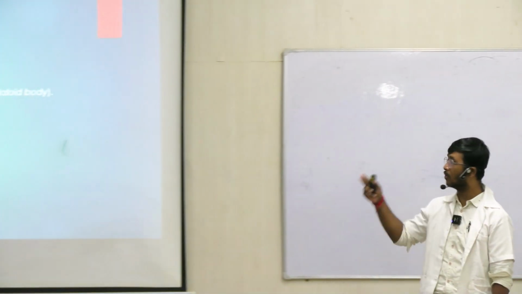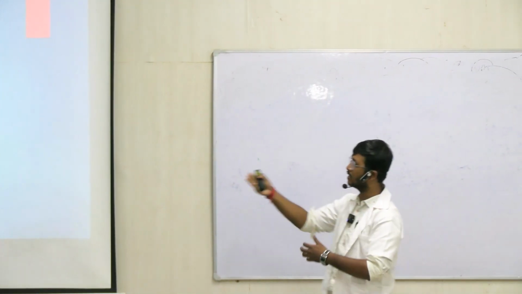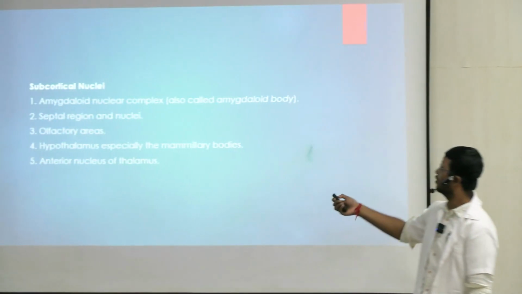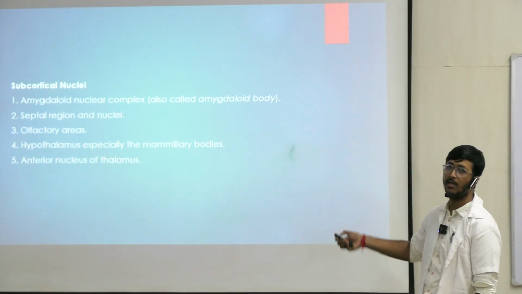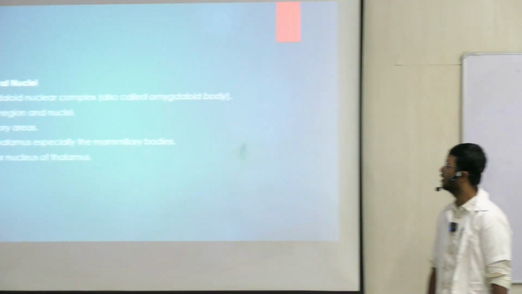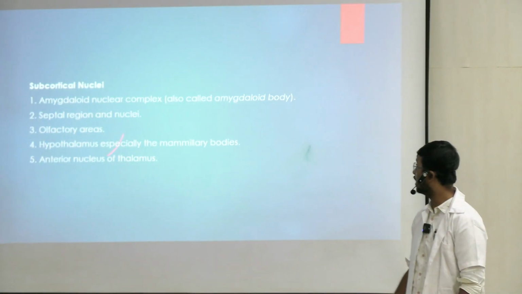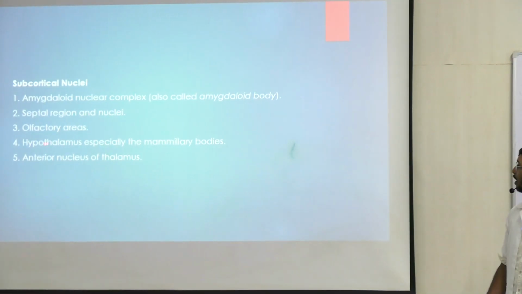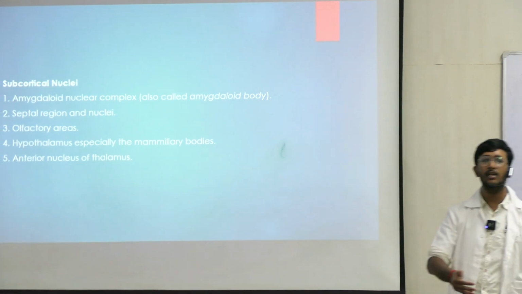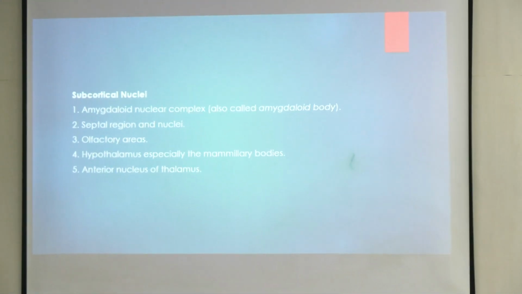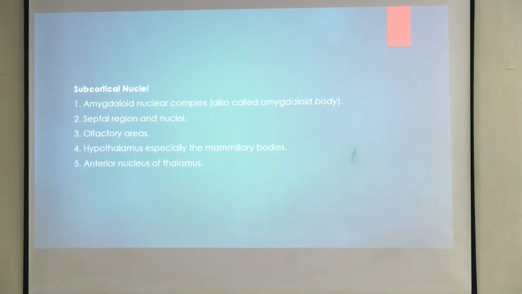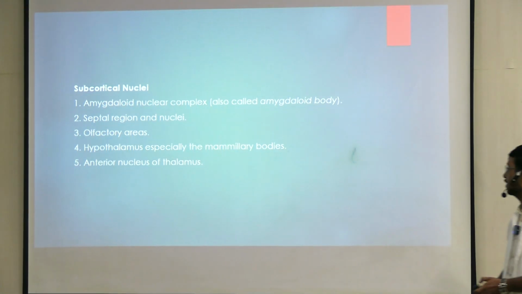Now coming to the subcortical nuclei, that is the nuclei present beneath the cortex area, basically in your white matter. Your amygdaloid nuclear complex, also known as your amygdala, then your septal region and nuclei, olfactory areas, not for smelling but for getting the efferents from your olfactory lobe to the olfactory nuclei so that you can coordinate with your food taking activities or other activities.